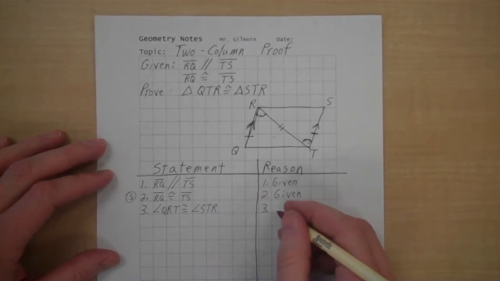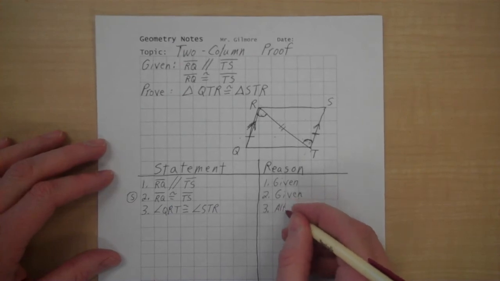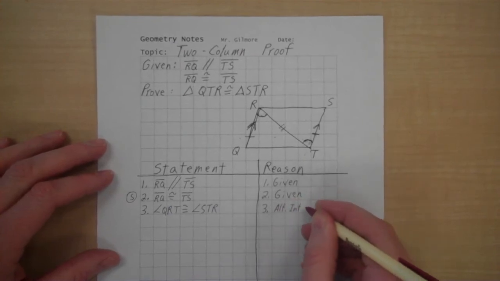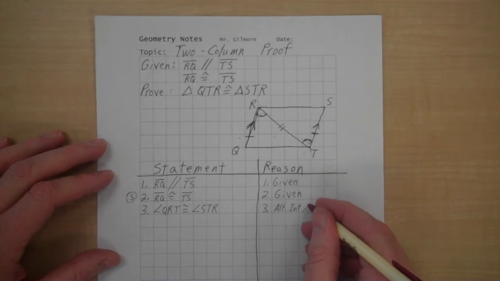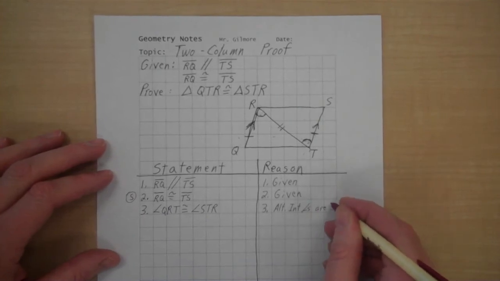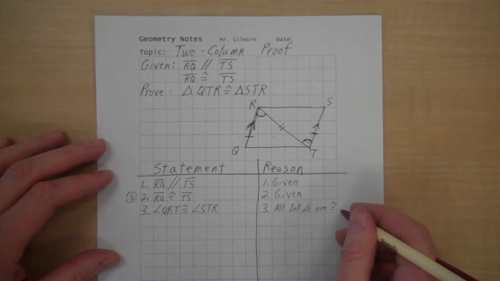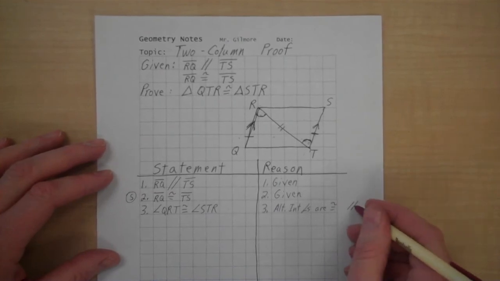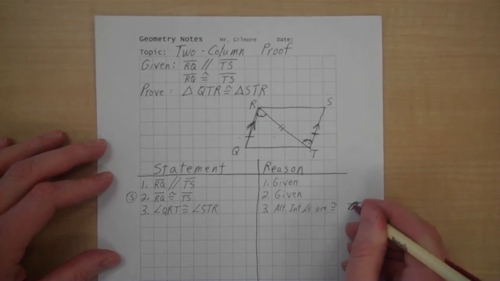And the reason that is, is because alternate interior angles are congruent for parallel lines.